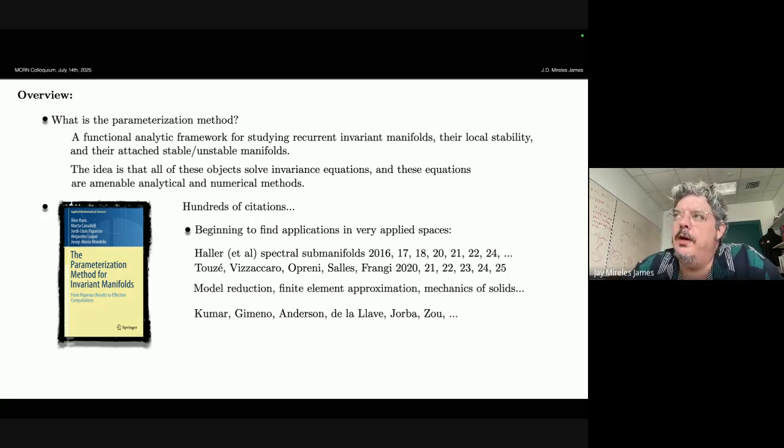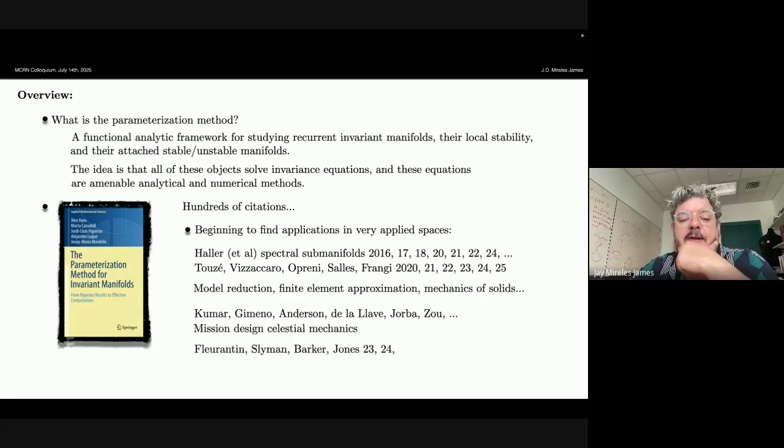There's also another very applied place where these ideas appear a lot, which is celestial mechanics. I would mention Banu Kumar, Juan Gamino, Rodney Anderson, Rafael de la Llave, Andrew Jorba, Morang Zhu, and many others. You could Google these names with celestial mechanics and parameterization, and you would get a sense of the literature on applications of these parameterization methods in celestial mechanics.